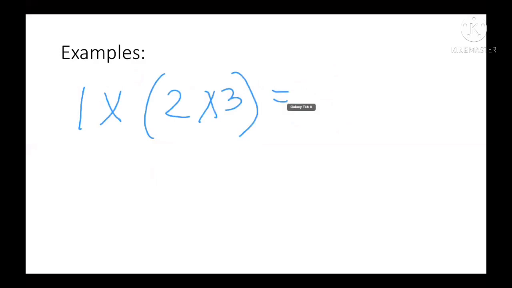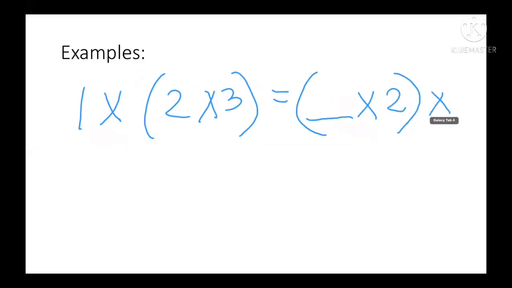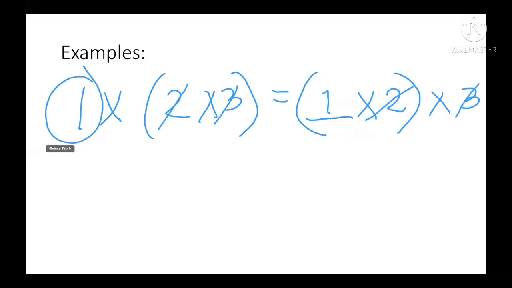For example, 1 times 2 times 3. Blank times 2 times 3. What do you think will be the number on that blank? 1. Very good. Easy. See? 3, 3, 2, 2. So we need to find the partner of 1.